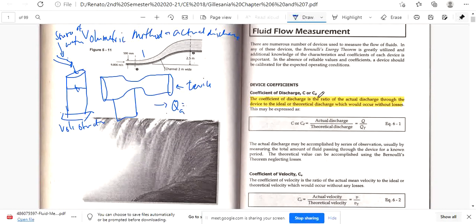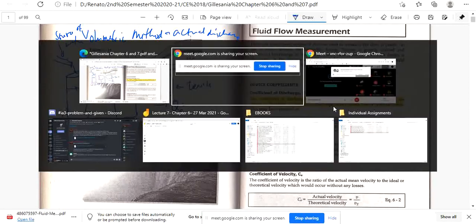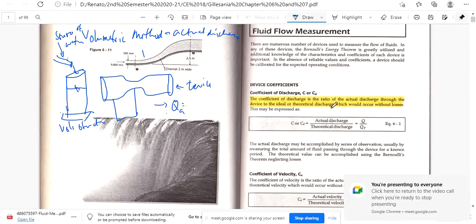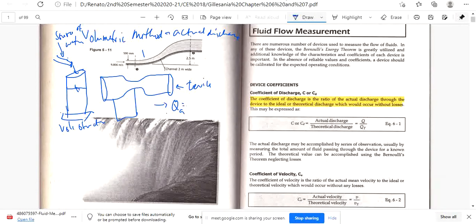So coefficient of discharge. It is the ratio of the actual discharge through the device to the ideal theoretical discharge. So ang kaning theoretical discharge is mao ni ang discharge na makuha nimo sa katunga kaning equation.